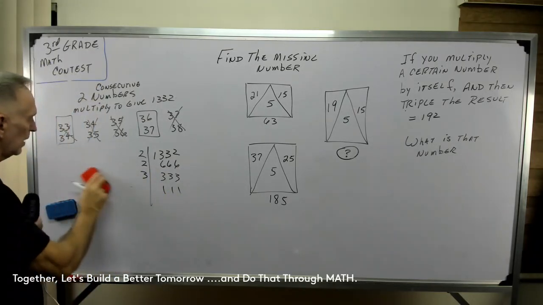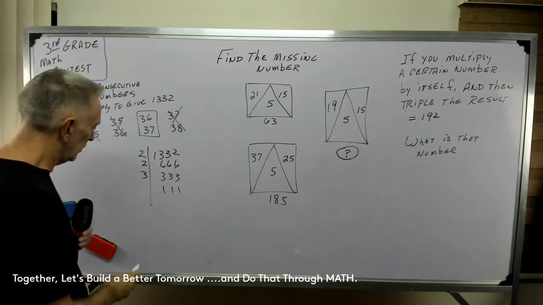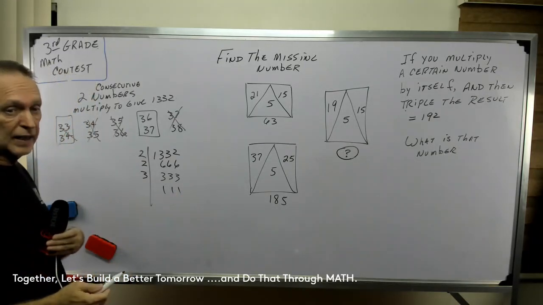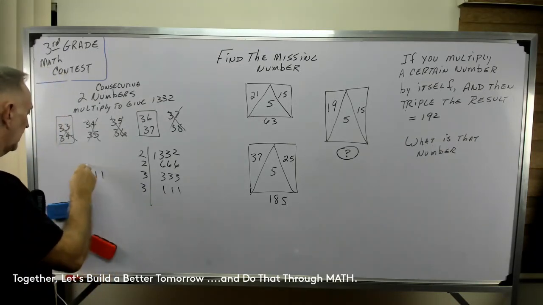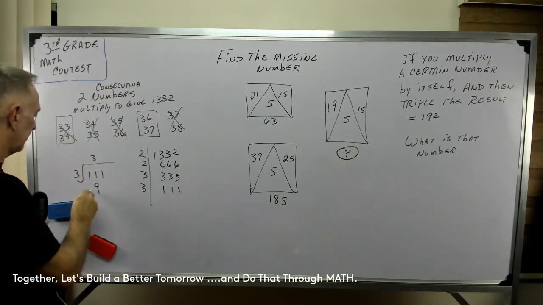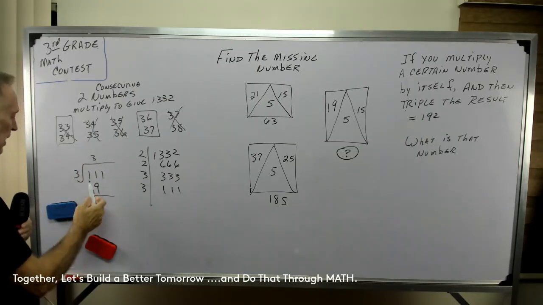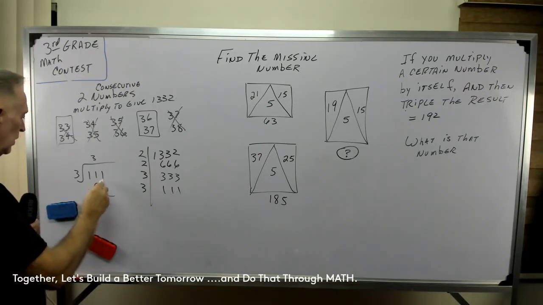Okay. Well, what to do here? I'm just going to guess 3. And we'll see if that works out. 111 divided by 3. 3 times 3 is 9. So 11 minus 9, 10, 11, that's 2. Bring down the 1.